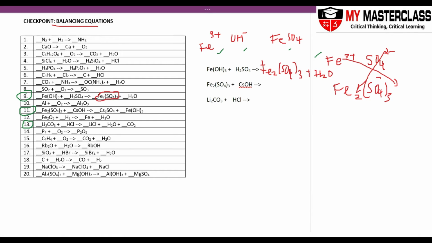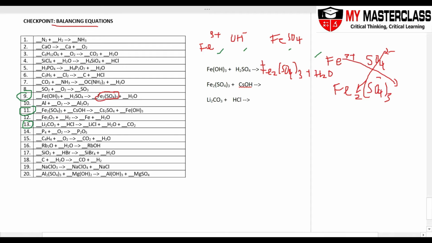Then we balance it. So how do we balance? The tip is to balance your metal first. There are 2 iron, put a 2 in front. Then look at the SO4. SO4 will stick together on the starting material and your product. There are 3 SO4, so put a 3 in front.